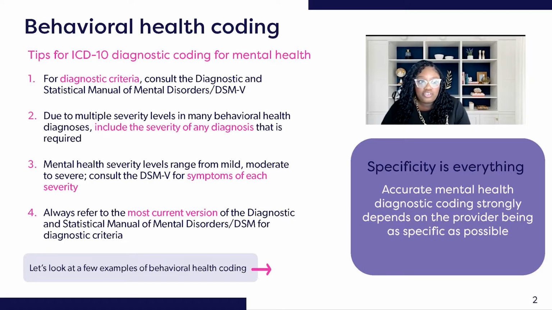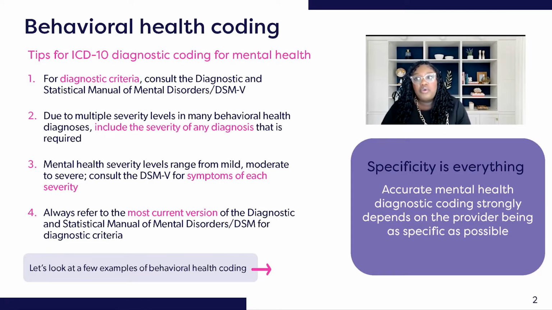Number 2, remember, there are multiple severity levels in many behavioral health diagnoses. So make sure you include the severity level in any diagnosis where it is required. You want to look at diagnoses such as bipolar, depression, major depression, those substance abuse conditions.